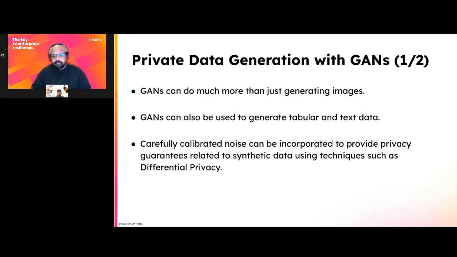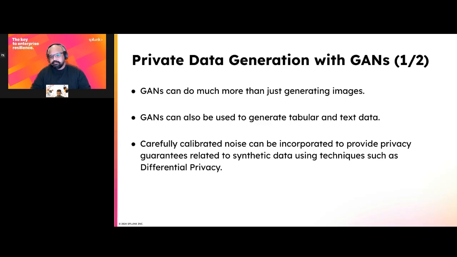Imagine a world in which there is a person present in the data set and another world in which the person is not present in the data set. And the adversary is not able to determine which world they are in given the output of the data.